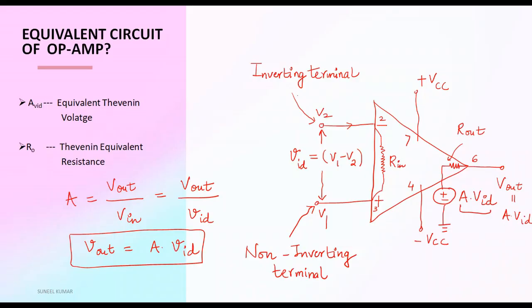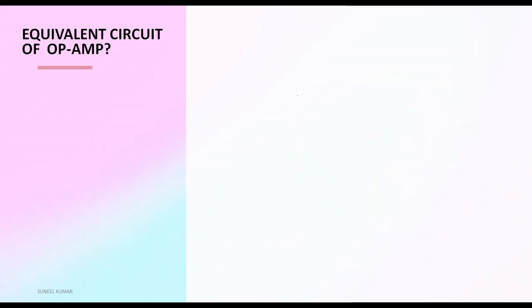So what is this AVID? AVID is basically the equivalent Thevenin voltage. We can represent any circuit in Thevenin equivalent form. We know that any linear circuit can be represented as a voltage source, plus minus, written as VTH, in series with a resistance, that is RTH.